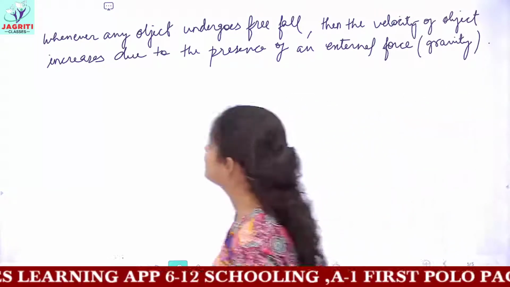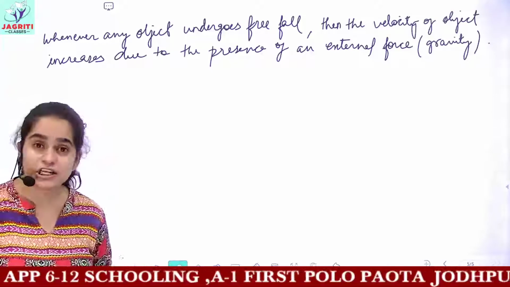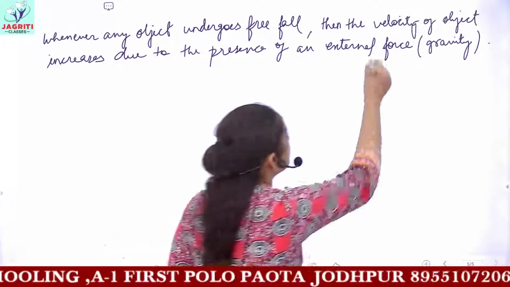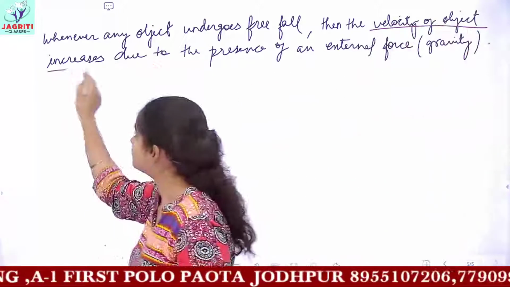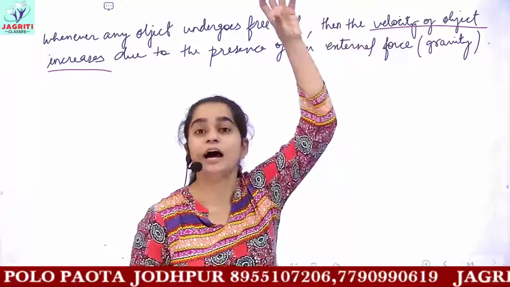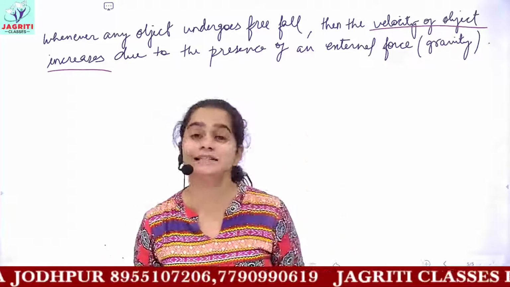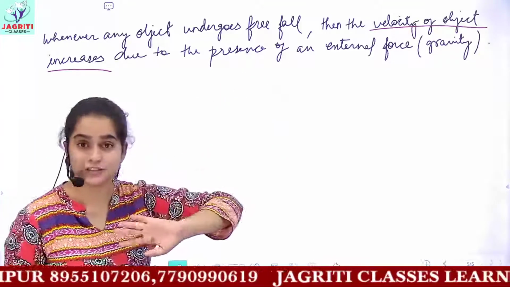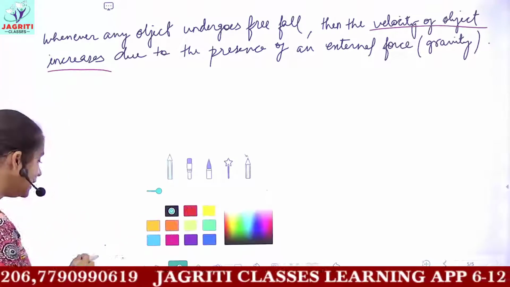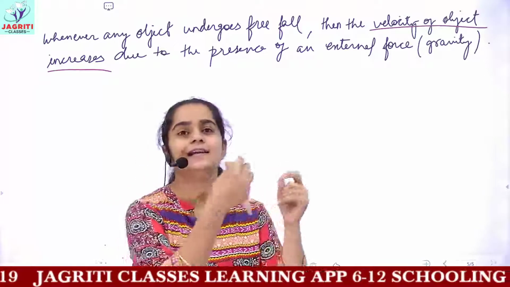So these we are discussing the outcomes or the facts about free fall. You should know the definition. Then you have that whenever the object undergoes free fall, the velocity of the object will change or increase. Yes, it is true. Whenever the object comes from a height towards the ground, the speed or the velocity of the object keeps increasing. Here I am using the term velocity, okay? So the velocity increases. Now you know that rate of change of velocity or the increase or decrease, change is either increase or decrease.